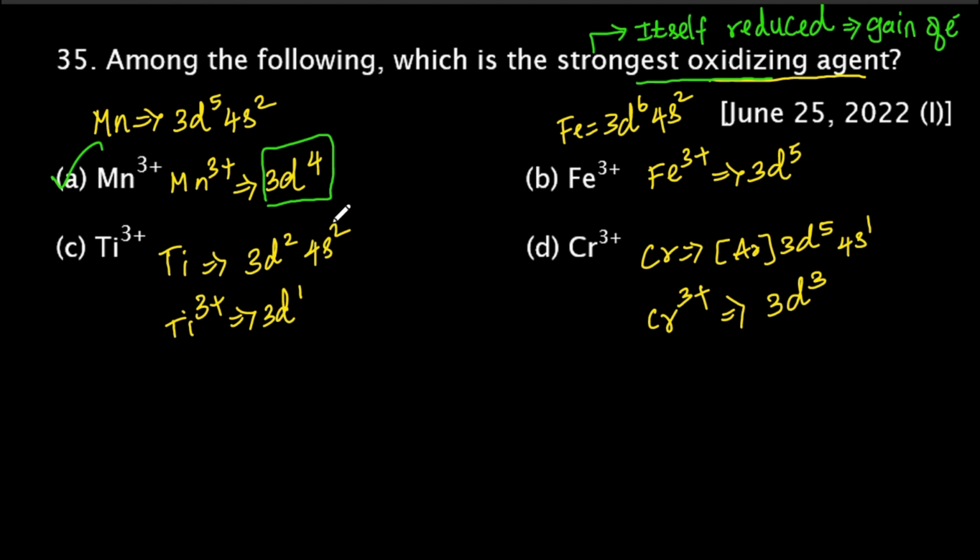After gaining one more electron, it will be converted to 3d5 configuration, which is more stable because it is half-filled. So out of the given options, Mn3+ is the strong oxidizing agent, as it has 3d4 configuration and easily gains an electron to become 3d5, and it is going to oxidize the other substance present in the reaction.